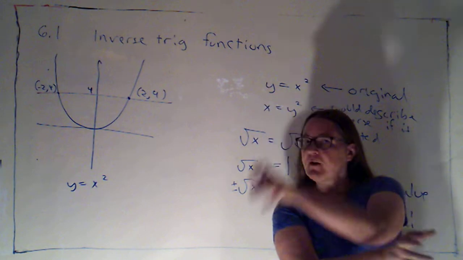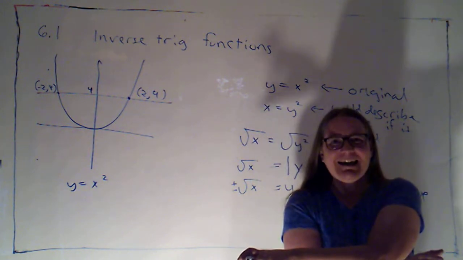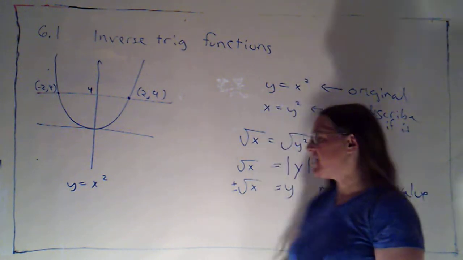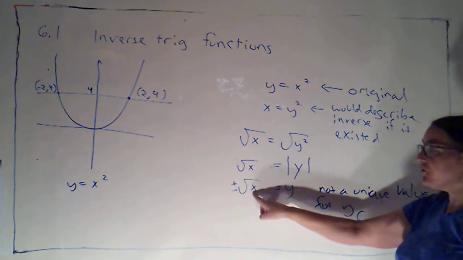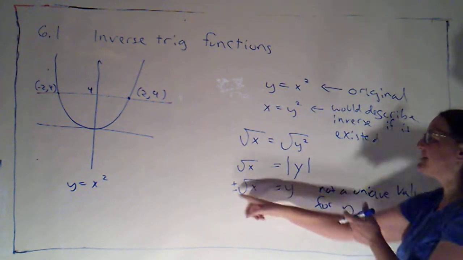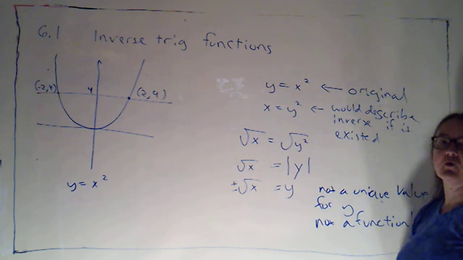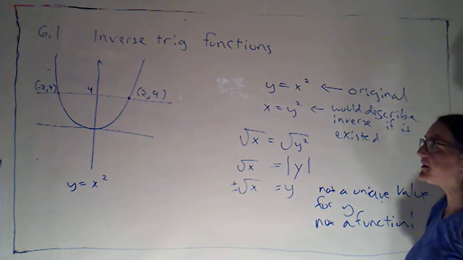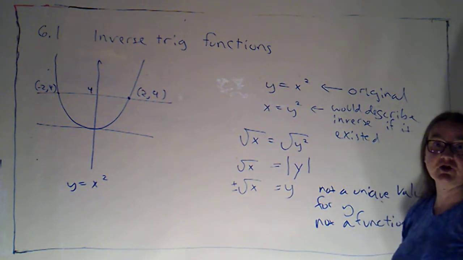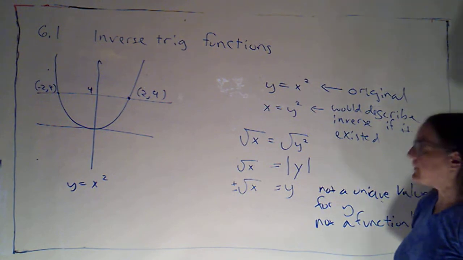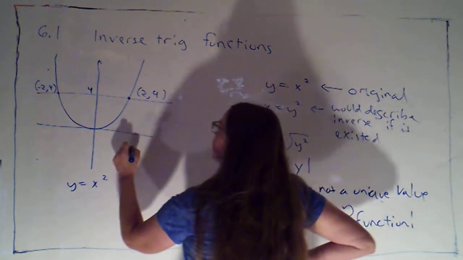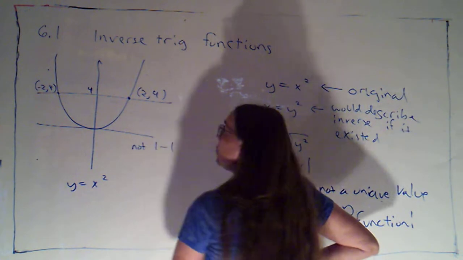So if I then switch the roles of x and y, I've now created a situation where each input, each x value, has more than one output, more than one y value associated with it, and so I don't have a function. Now, when that happens, we say that the function is not one-to-one.